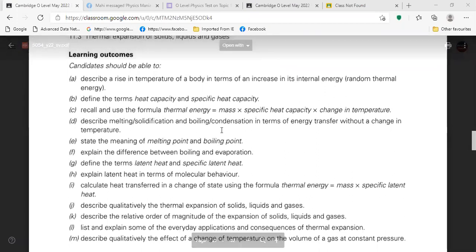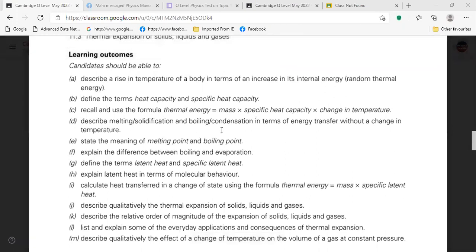What is boiling? Can anyone try what is boiling? Mariam, you can try. What is called boiling?